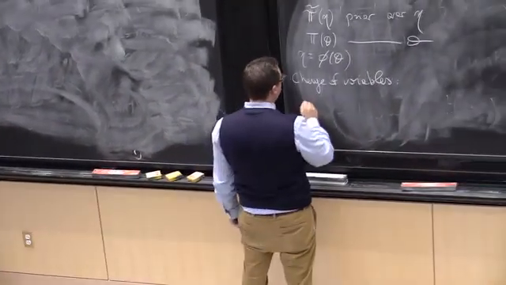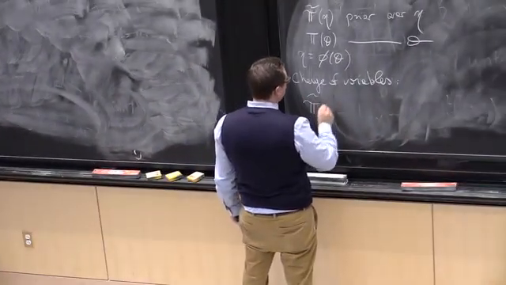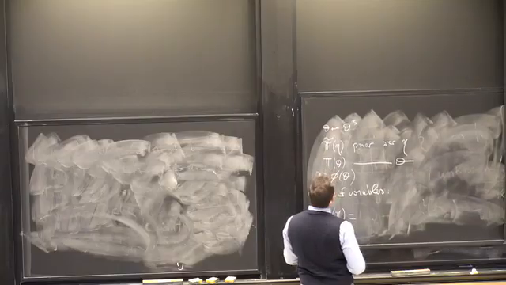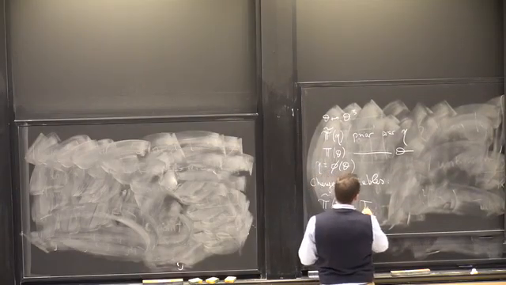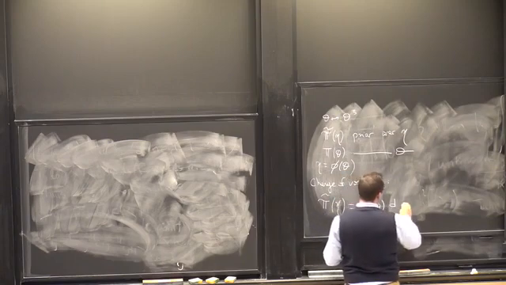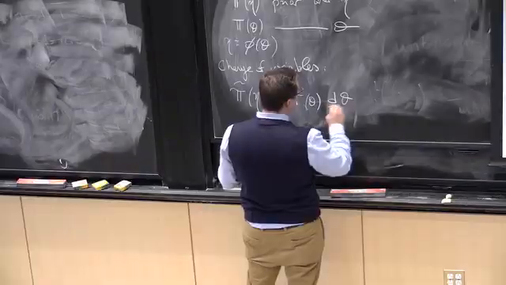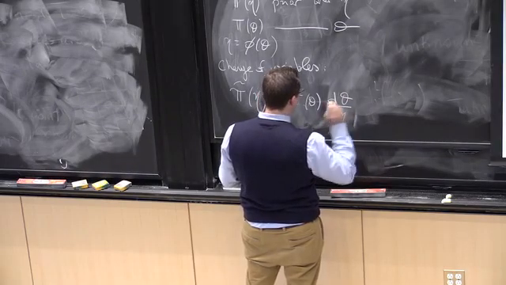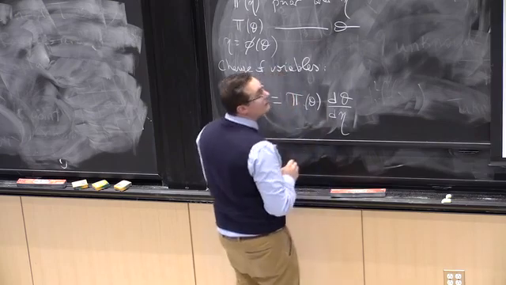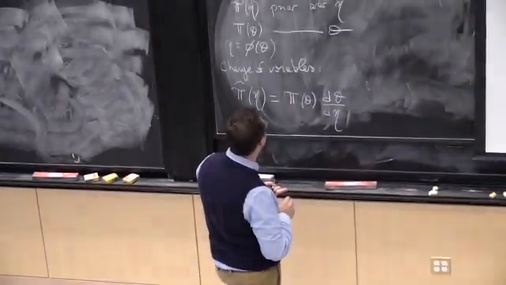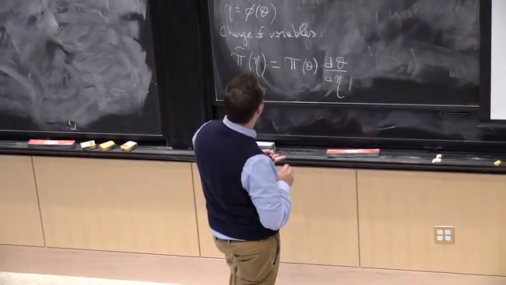It says that pi tilde of eta is equal to pi of theta times d theta over d eta. Sorry, is that the one?